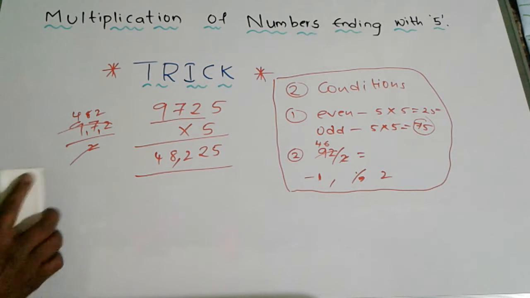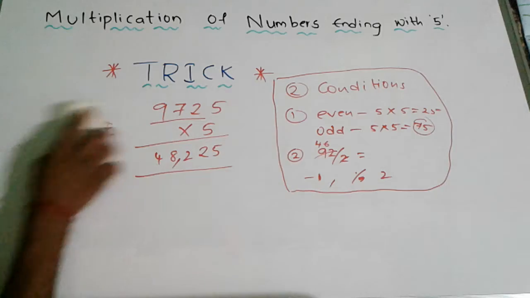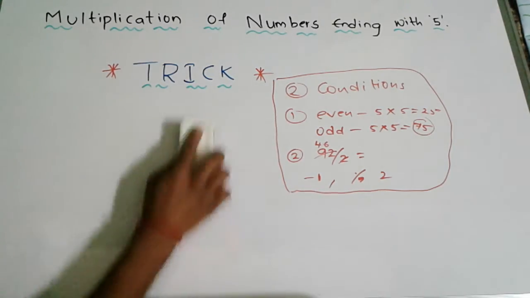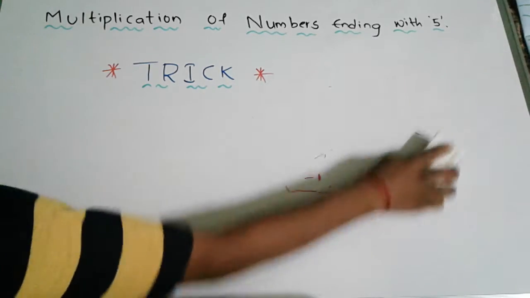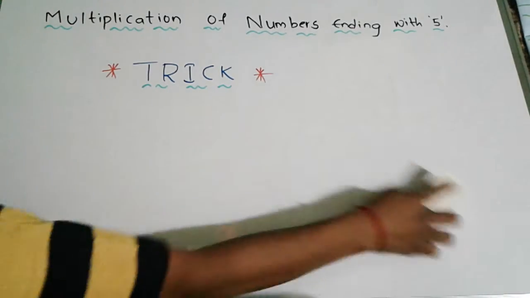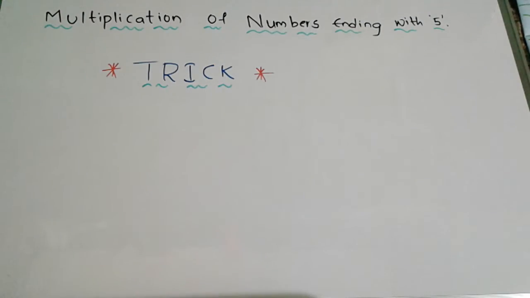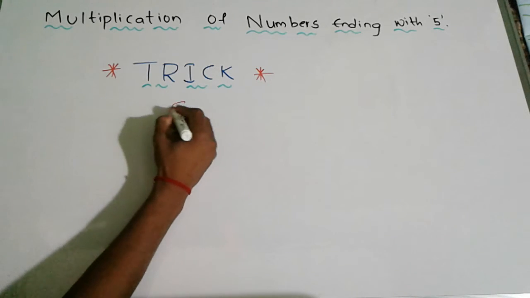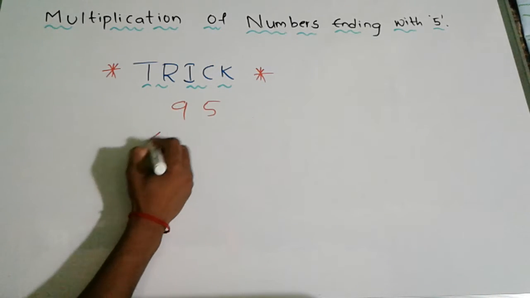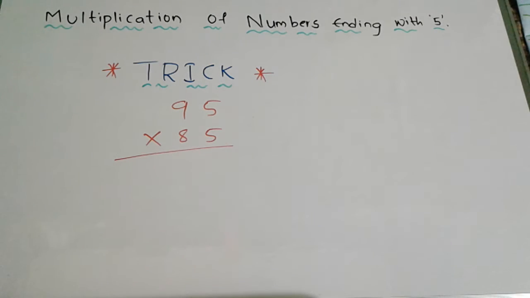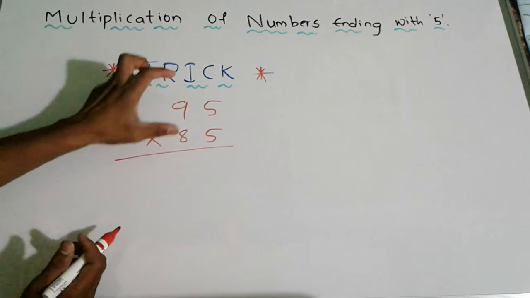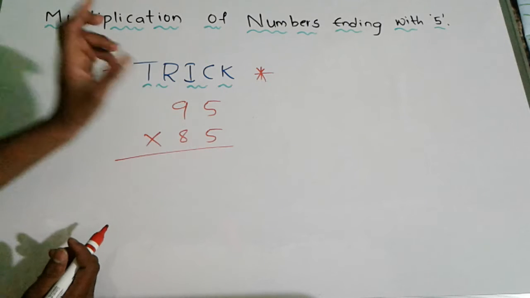And I have another trick for you guys. Let me explain that quickly. 95 multiplied with 85. See guys, here the numbers are ending with 5, right?